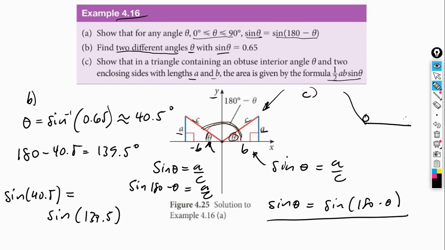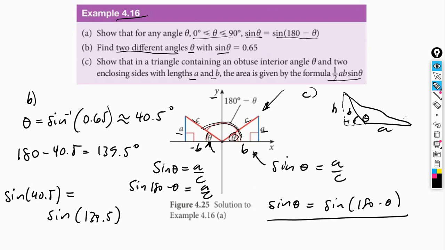So this is theta. And let me try to draw this side here. Okay, so enclosed by sides with lengths A and B. So let's call this A, and let's call this side here B. So notice that if we draw a height from here, and we draw a right angle, let's call this H. Notice that we can use this as a reference, right?